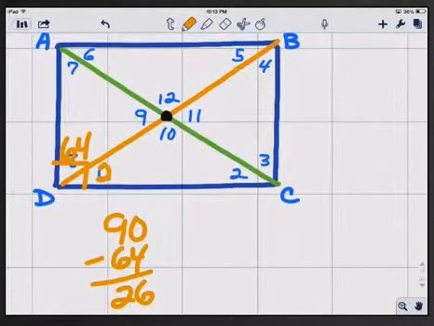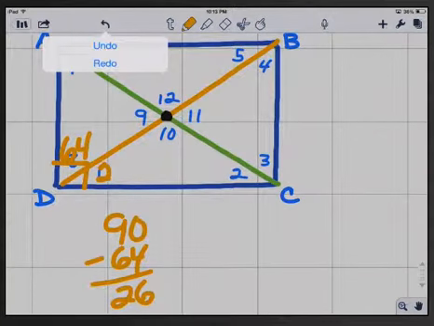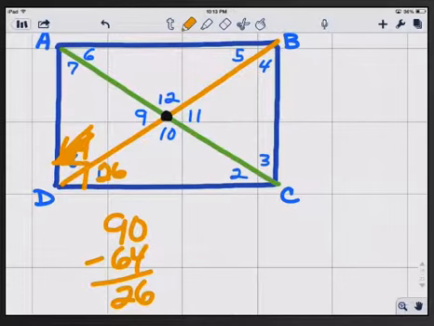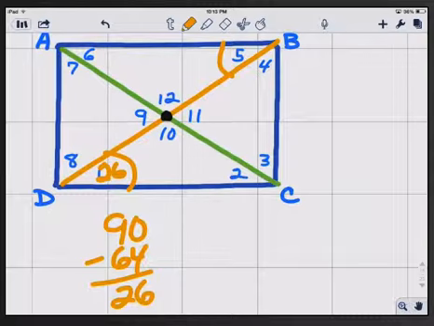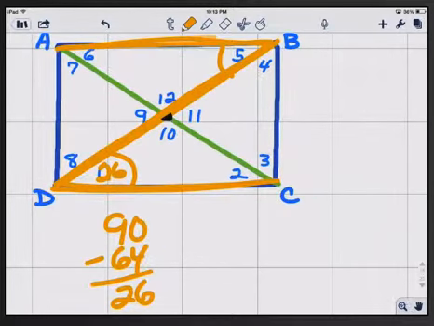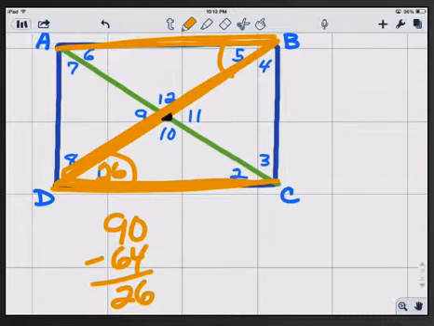Now, once you get started, you can continue quite a few different ways. Okay, what I want to do here is erase this. For example, if angle 1 is equal to 26, I can conclude that angle 5 is 26 because angles 1 and 5 form this Z-shaped figure, and the alternate interior angles have to be congruent because when parallel lines are intersected by a transversal, alternate interior angles are congruent.